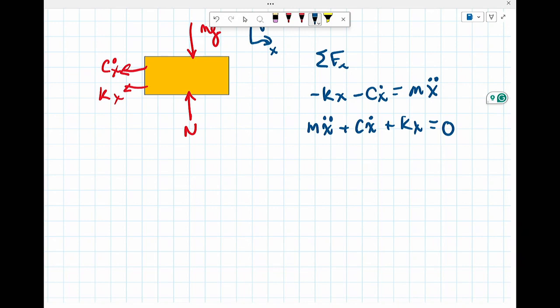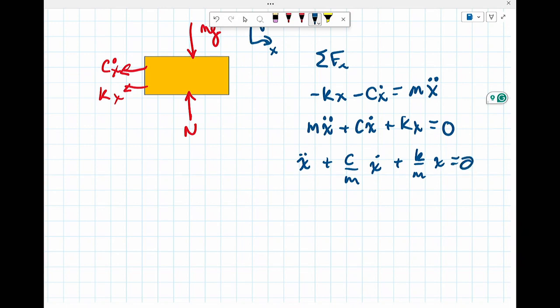So all the terms are there. And that's the final equation.